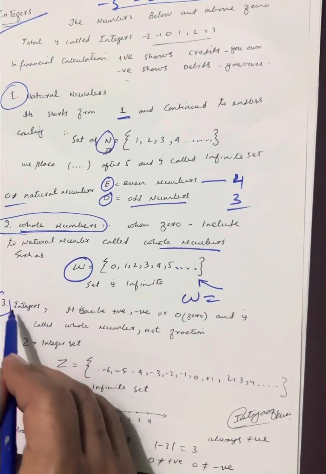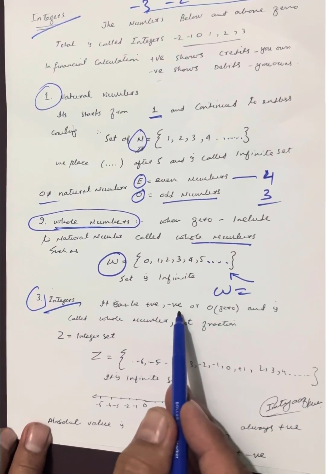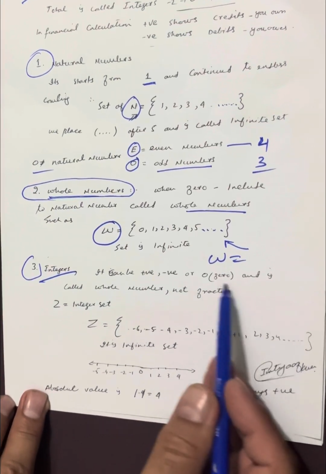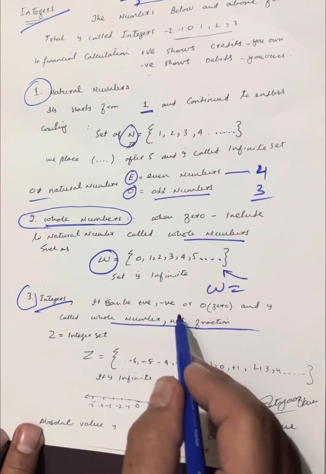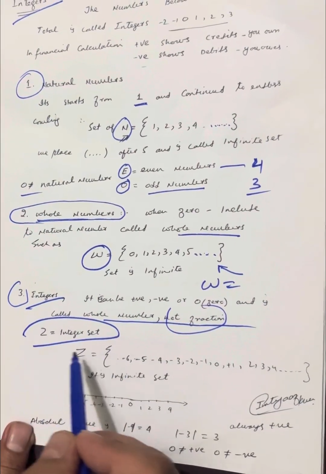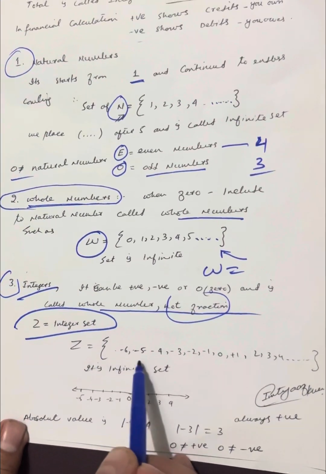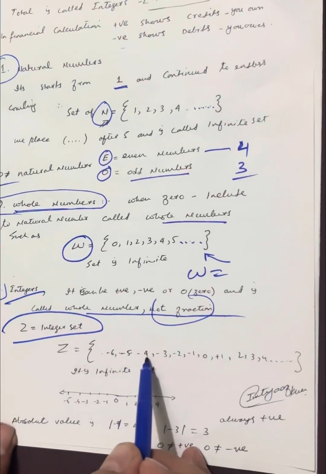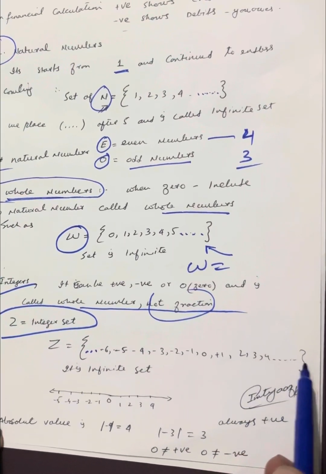The third one is the integer. It can be positive, negative, or 0, but fractions are not included. It is represented by Z. So the set of integers is like -6, -5, and it continues, and 0, 1, 2, 3, 4, 5.